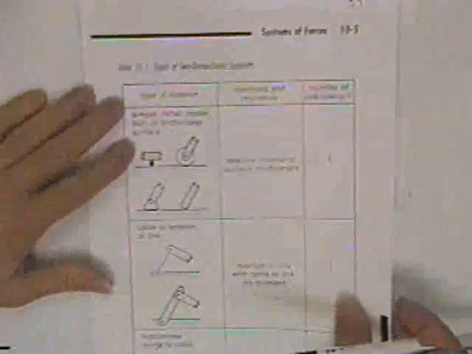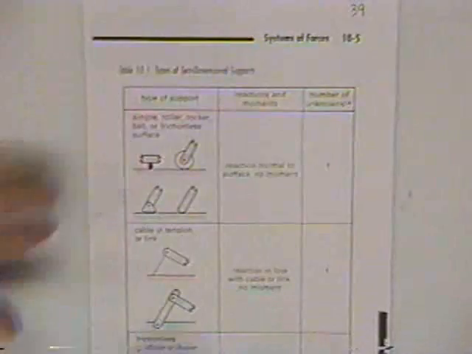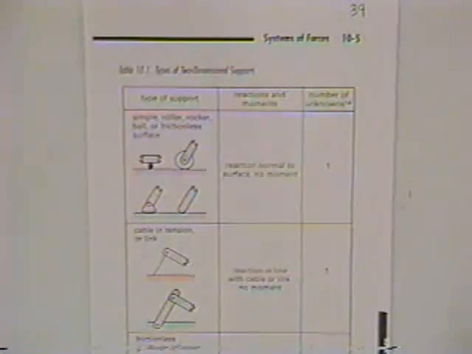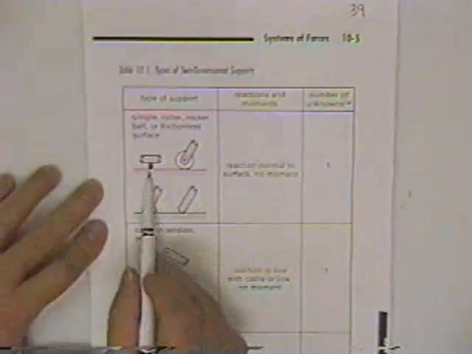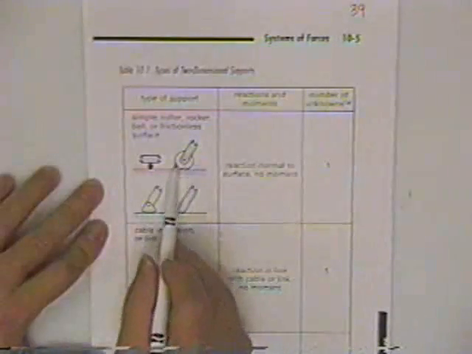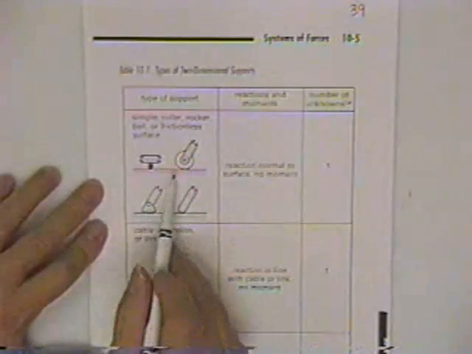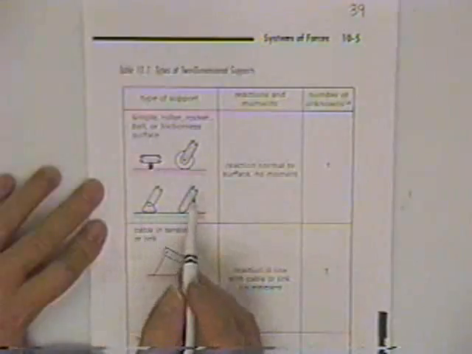Alright, now we're going to get into larger structures than just boxes and knots on a string. So we need to know how they're supported. Typically they'll show you a roller. They may show you a nicer roller, but they both pretty much have the same idea.